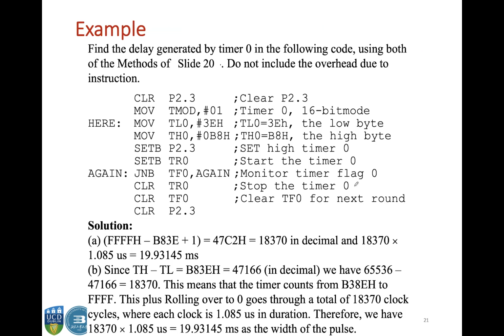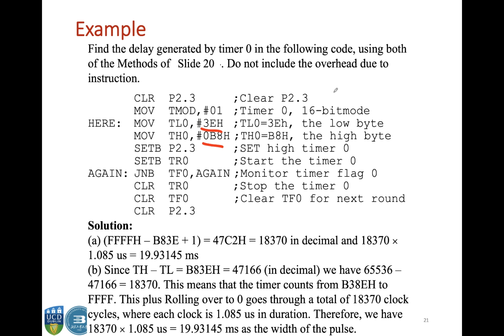So let's see an example. Find the delay generated by timer 0 in the following code using both of the methods of slide 20. Do not include the overhead due to instructions. Your timer is loaded with these values: TH0 is this and TL0 is this.